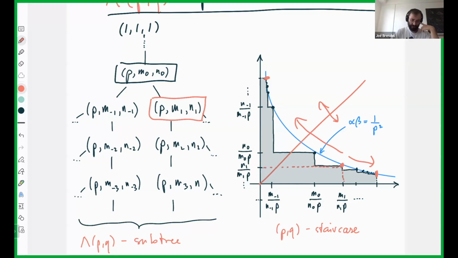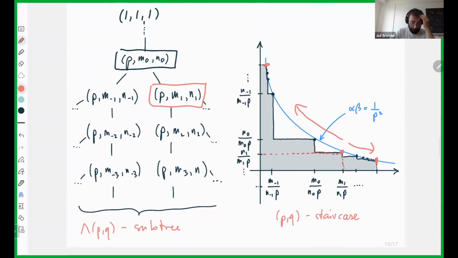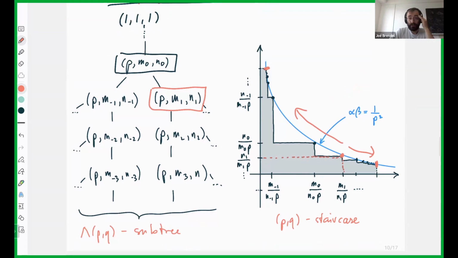There's this very nice correspondence between one leg of the mutations going in one direction and the other leg going in the other direction. And that is the general result, that this is the actual way the staircase, the set of admissible pairs alpha beta, looks. So these things are forbidden.